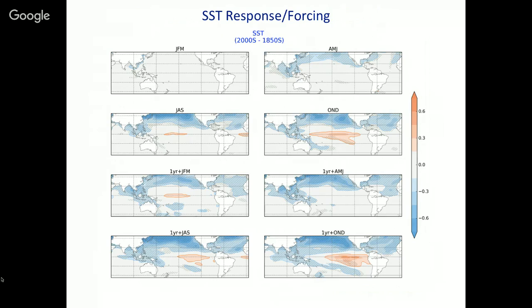This is the second set of response which is picked up in the second year. So at least in the SST, it's not the same response, but it looks like two different responses which peak during that season. So that's the sea surface temperature response.